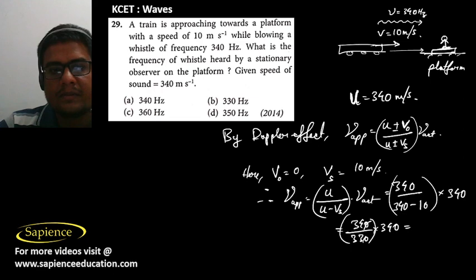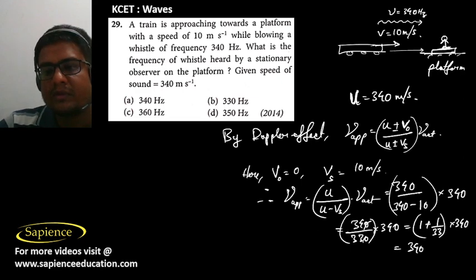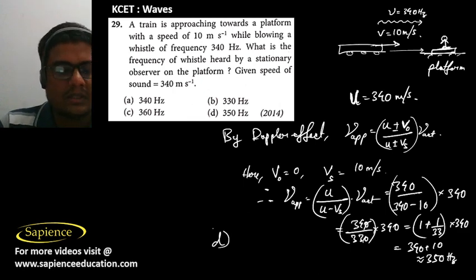So this will be 34 by 33, that is 1 plus 1 by 33, into 340. So this will be 340 plus 340 by 33, which is approximately 10. So which is approximately 350 hertz. So option D is the correct answer.